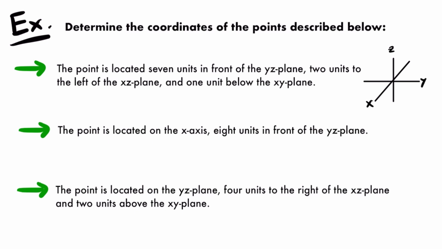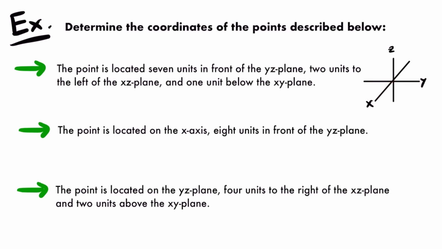The point in question here is located 7 units in front of the yz plane. So what does that mean? Well, the yz plane is the plane formed by the y and z axis. So the plane that is in line with those two axes. So if we have a point located 7 units in front of that plane, that means we're moving outward from that plane.